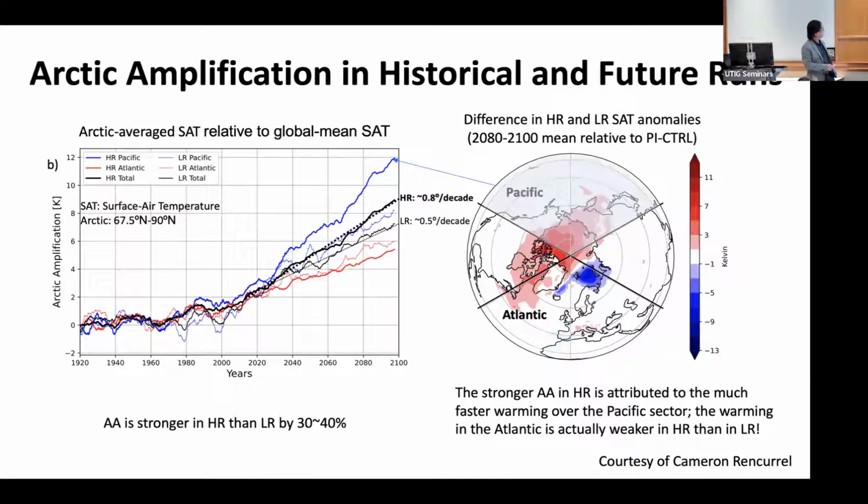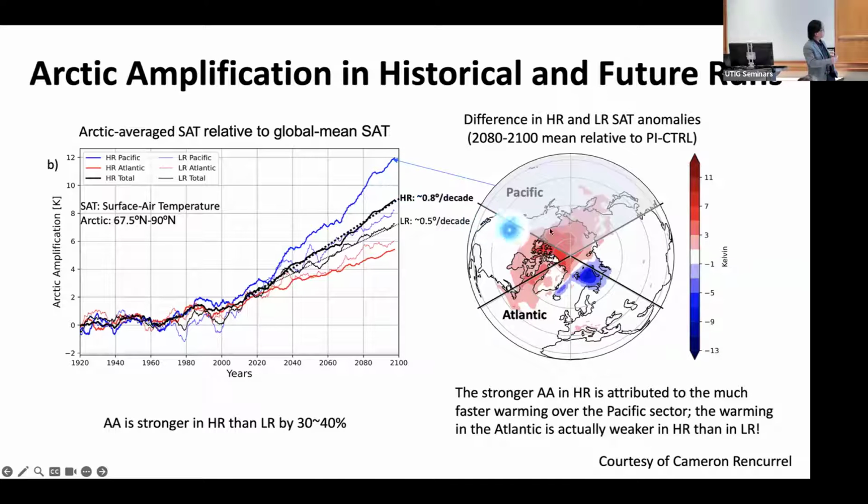So if we average the warming over the Pacific sector, we get this blue curve here, right? And the thin blue curve here is from the low resolution model, averaged in the same sector. You can see there's a huge difference in temperature change between the high res and the low res in the Pacific sector.